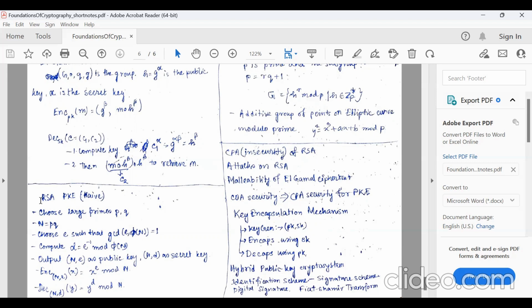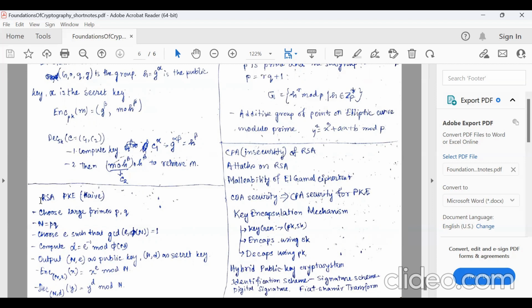And encryption of some message X is computed as X to the power E mod N, and then decryption of some ciphertext Y is computed as Y to the power D, where D is part of the secret key. So Y to the power D mod N is computed during decryption.